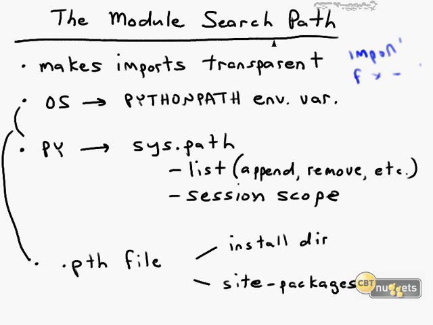The purpose of the module search path in Python is to simply make your module imports as transparent as possible. Now, if you're in your development environment working alone or with a team, you'll want to make sure that if you are working on separate computers and you're not sharing resources, that you're able to share your project files with your colleagues and have those imports work correctly when your colleague runs your code. You see what I mean?